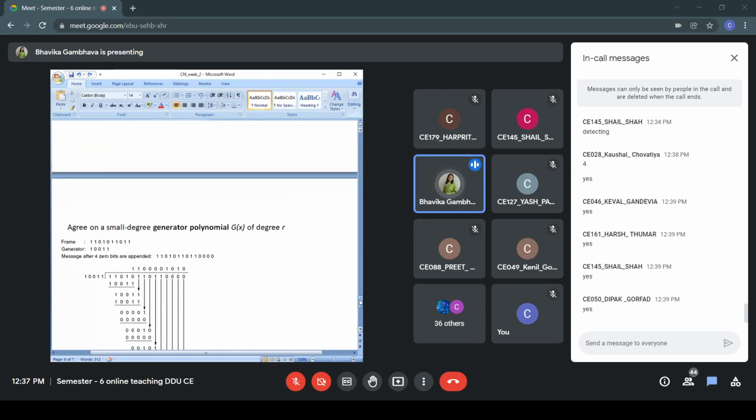Can you please do it in your book? I want you to do it and tell me what remainder you are getting. Come on, quickly open the book and let us do it.